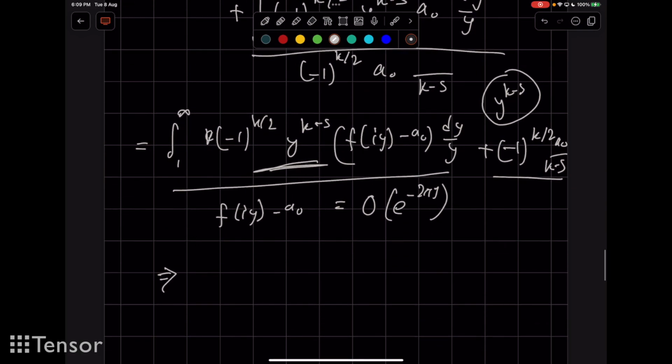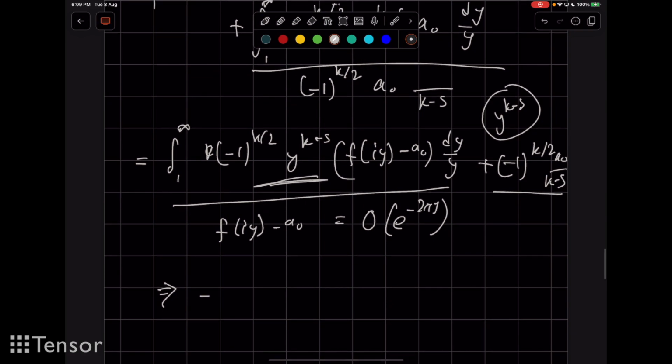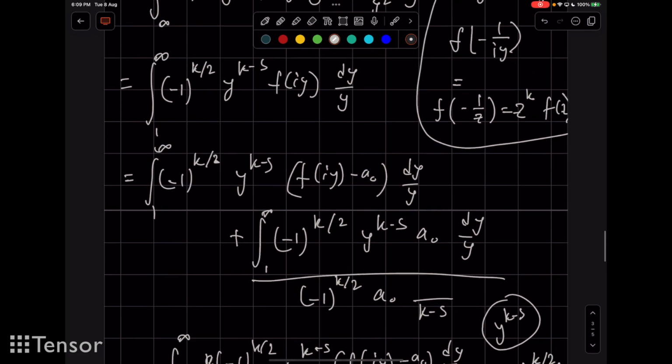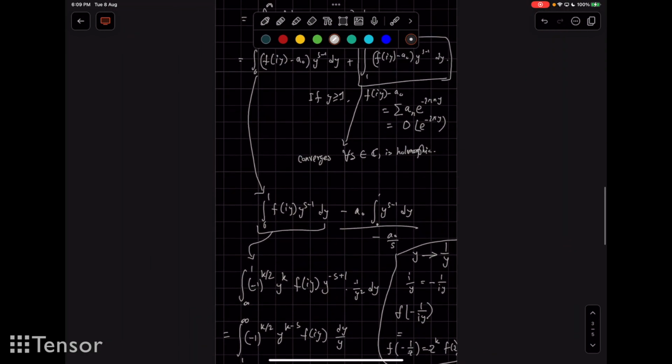Right. So we get that negative 2 pi to the power s gamma of s times the L function is equal to, let's collect all the terms.